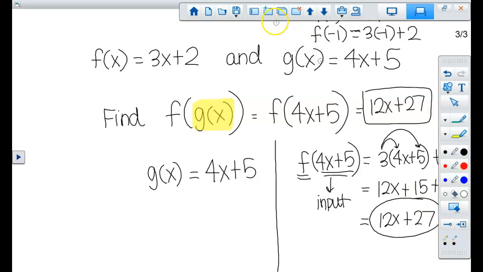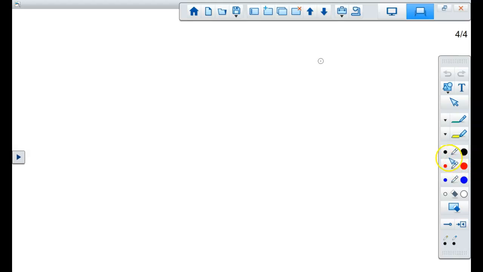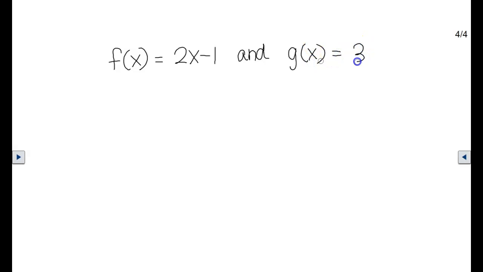All right, so let's try another one. This time around, let's do f of x is equal to 2x minus 1, and g of x is equal to 3x plus 5.